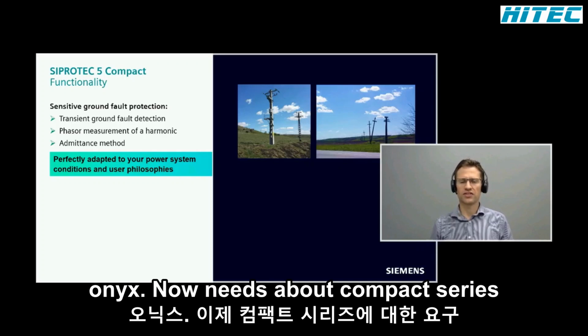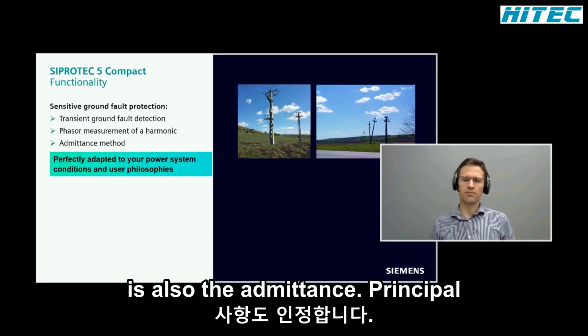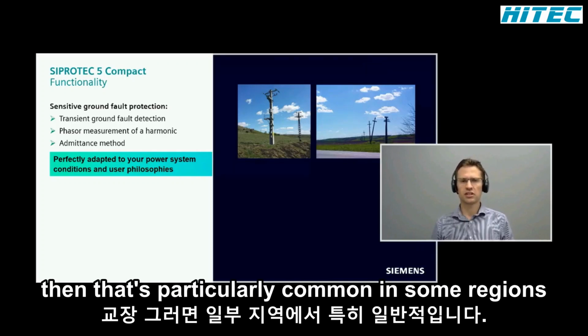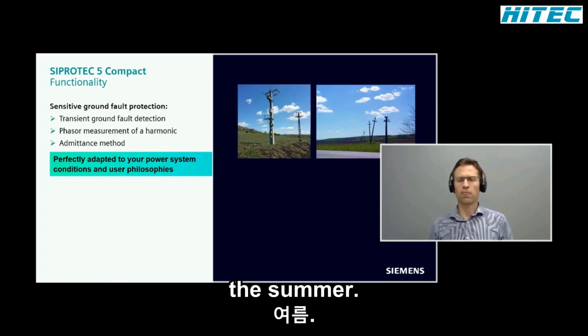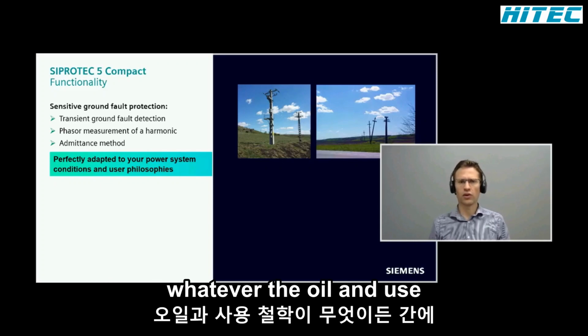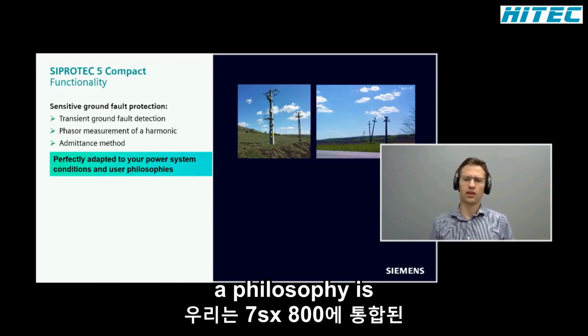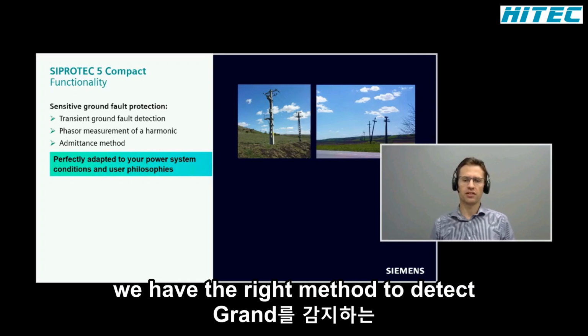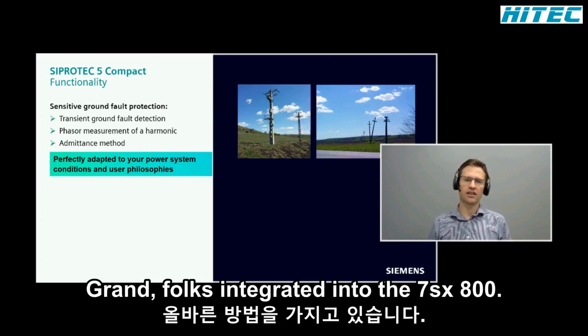Now, new to our compact series is also the admittance principle, and that's particularly common in some regions. To sum it up, whatever your network looks like, or whatever your end user philosophy is, we have the right method to detect ground faults integrated into the 7SX800.